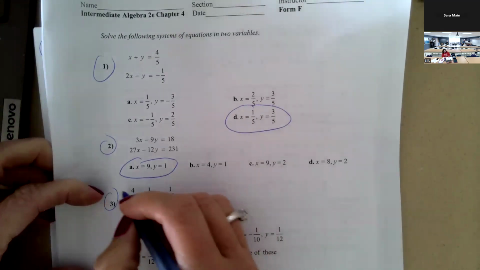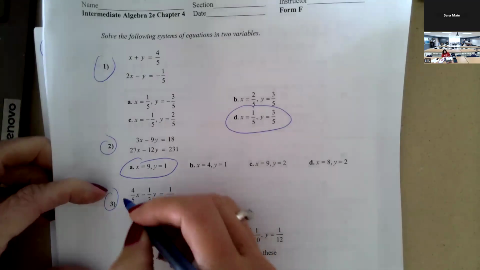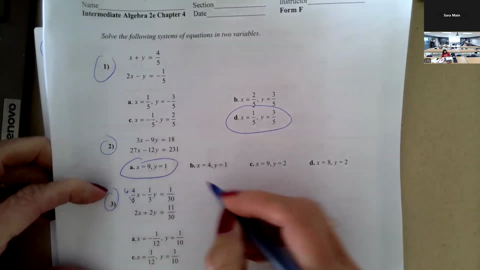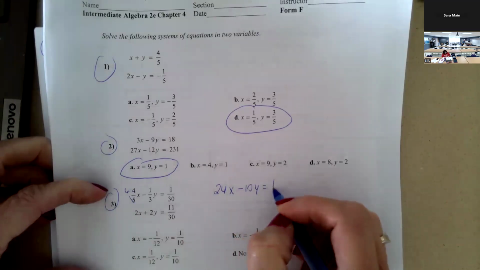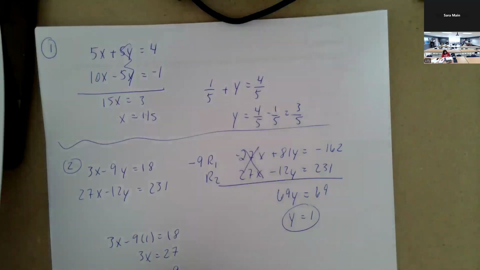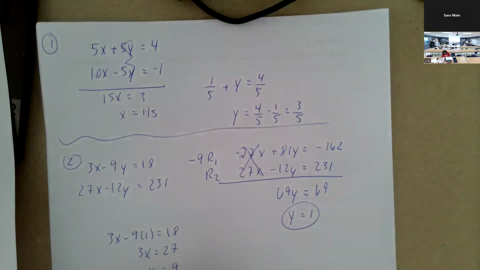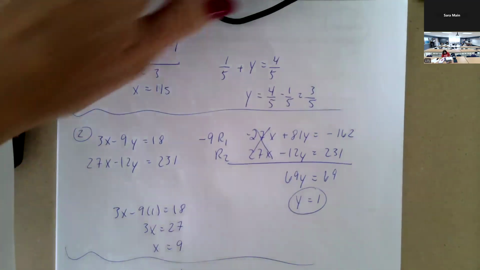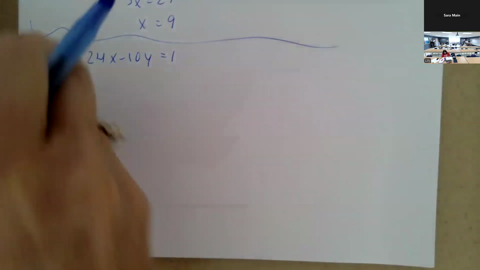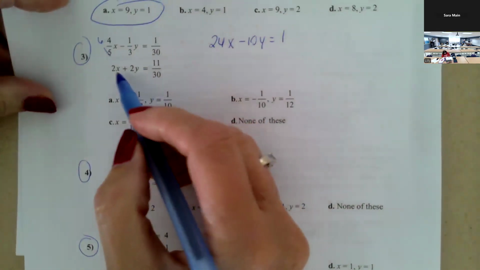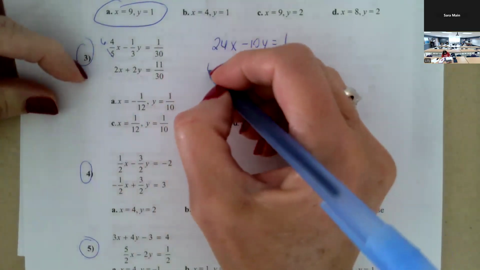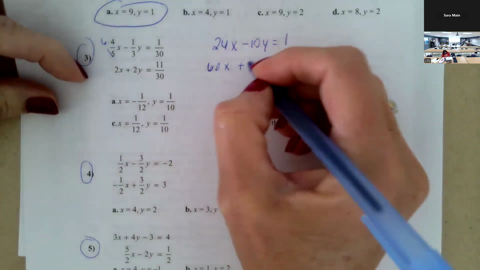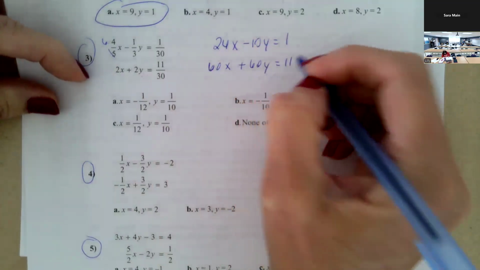When I do that, I get 6 times 4 is 24x minus 10y equals 1. Multiplying through by the common denominator really does make things easier. And then multiplying through by 30 on the second one is going to help too. So that will be 60x plus 60y equals 11.